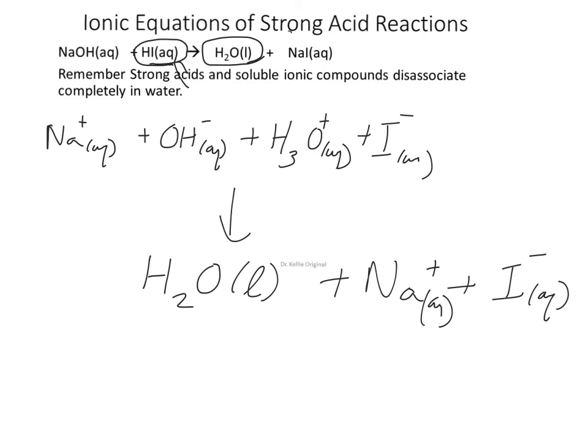And if we look at that ionic equation, what do we notice? We notice we have a couple spectator ions there, right? The sodium ion appears as a reactant, and it appears the exact same way as a product. Same for the iodide ion.